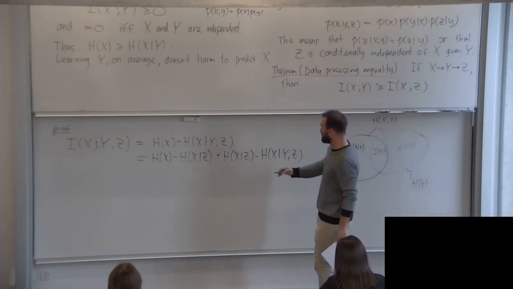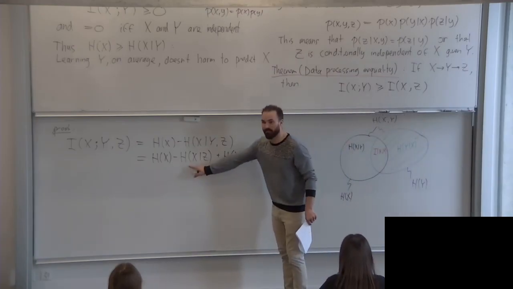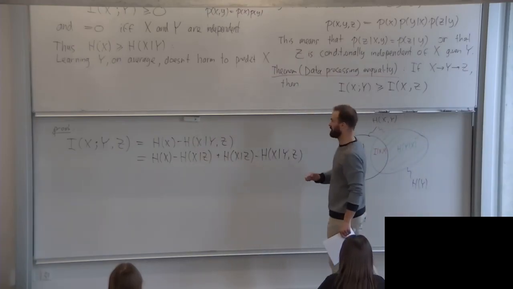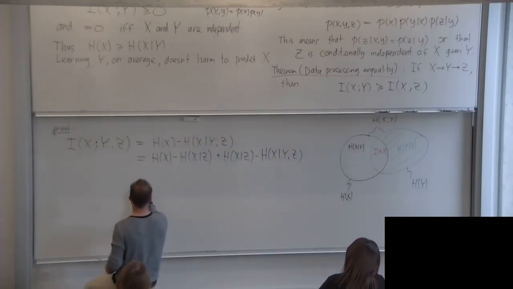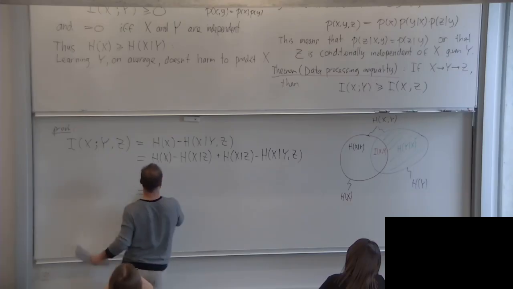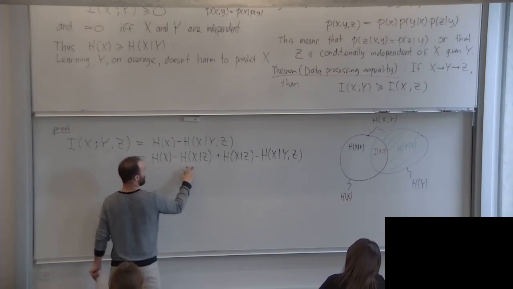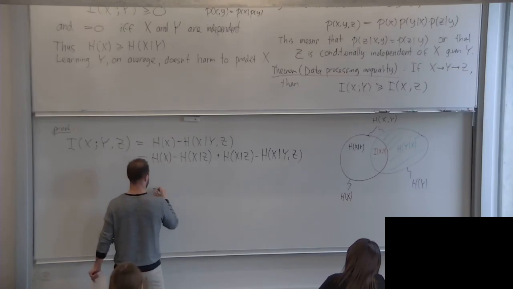I basically inserted 0 in the middle. I did minus something plus the same something. And this is equal to, so that is the mutual information between x and z.